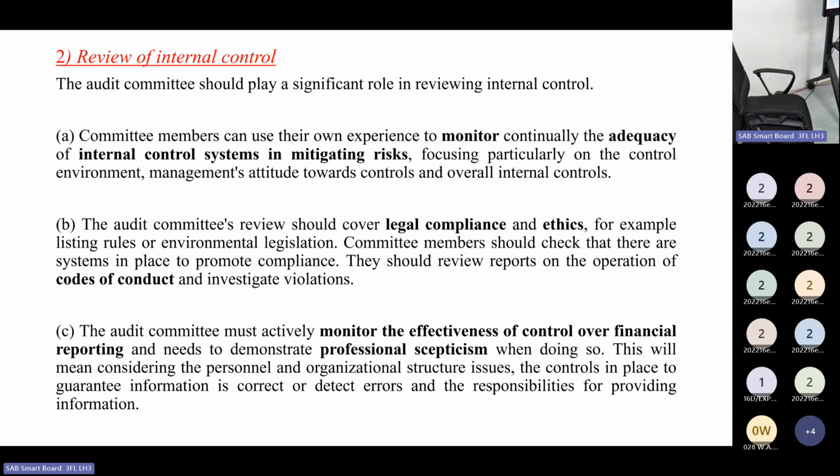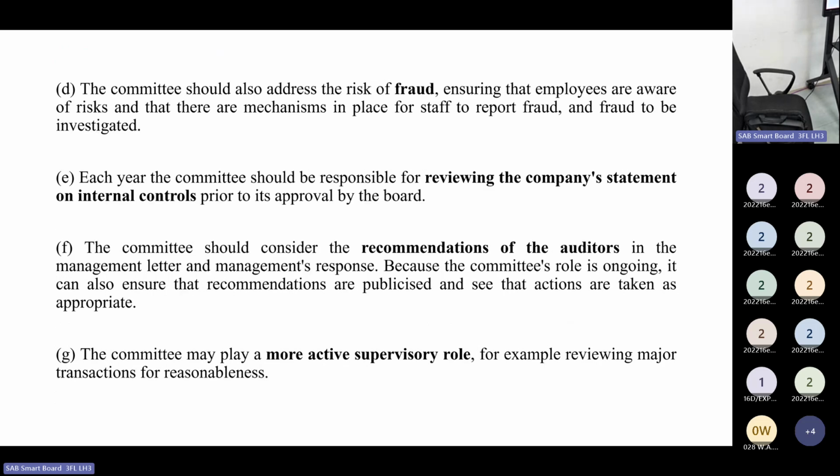Then you have to ensure your employees are aware of frauds and they have a way to report frauds. Next one, they have to review the internal control statement made before the board approval.